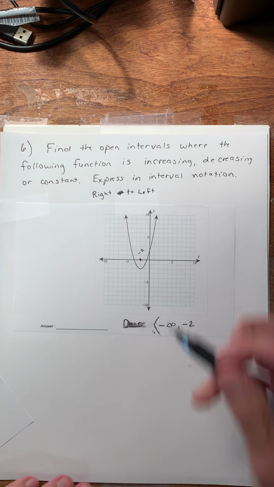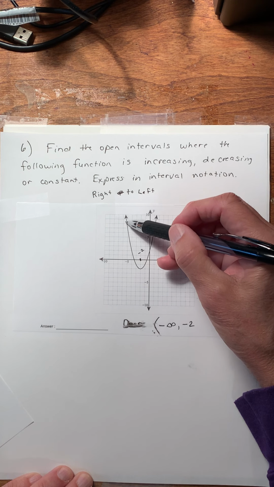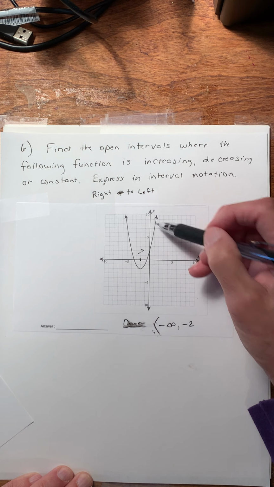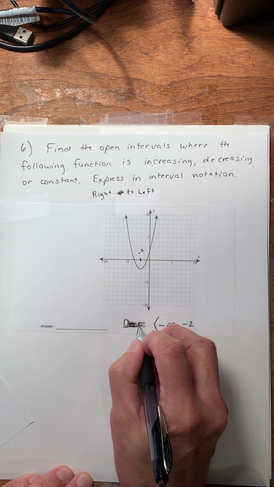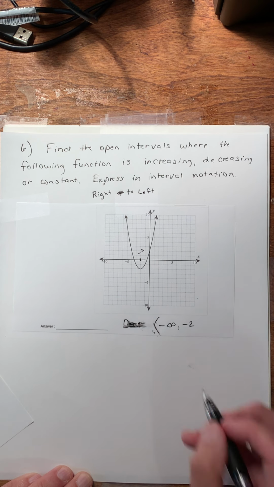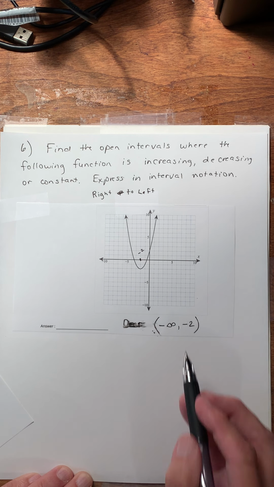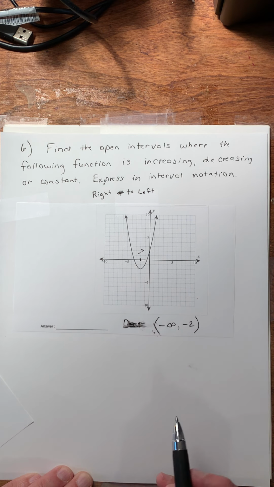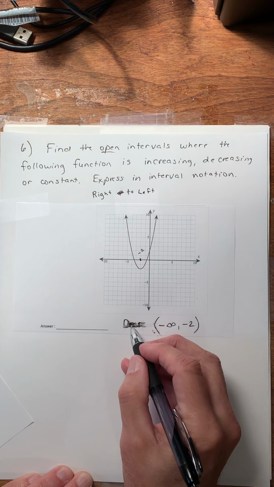Now keep in mind, this point, negative 2, is a transition point between where it's decreasing and where it's increasing, so I do not include it in the decreasing interval. So that means I put parentheses. Always use parentheses in these intervals. That's what an open interval is. All right, decreasing.